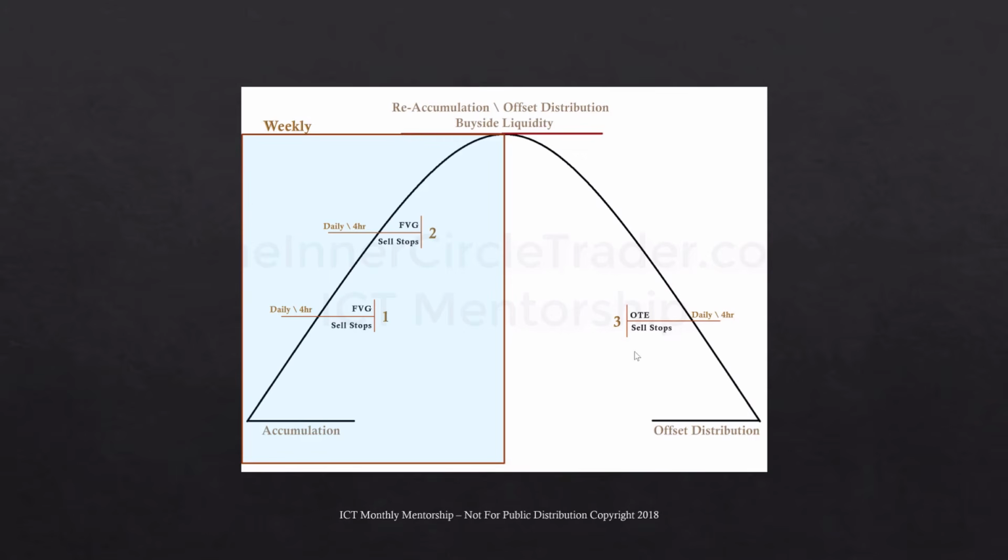If we're looking at this opportunity on the time frame of a weekly, notice I have your little notations here. You're going to see this form on a daily and/or 4-hour. That's where these price swings are going to occur.